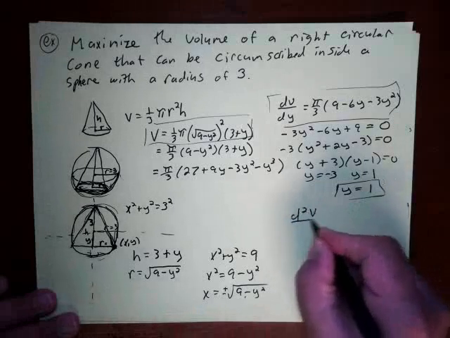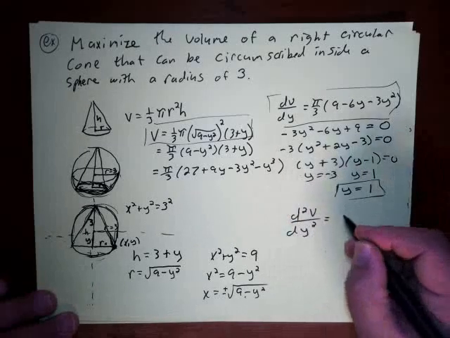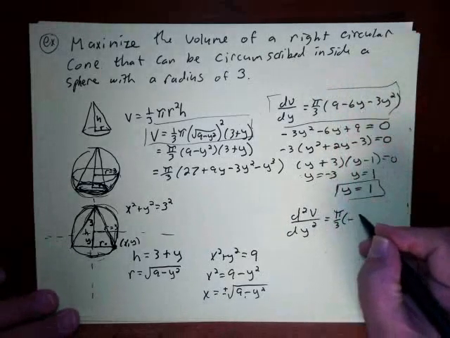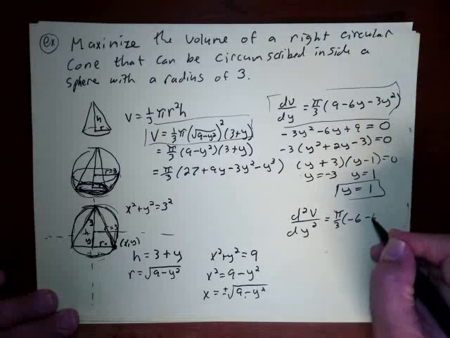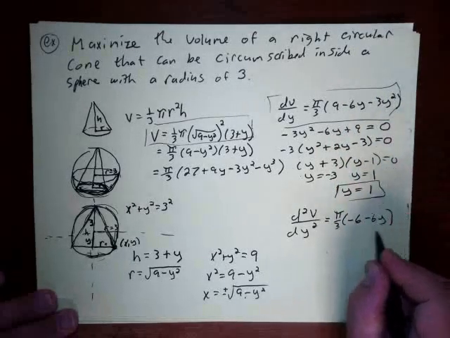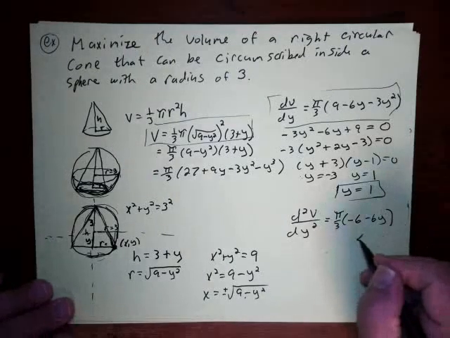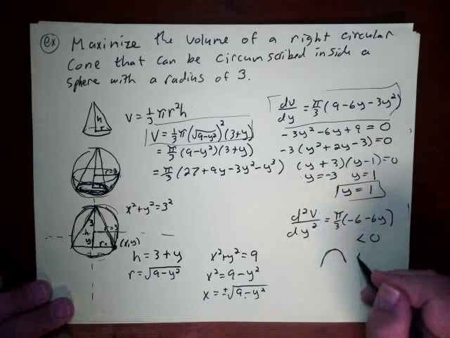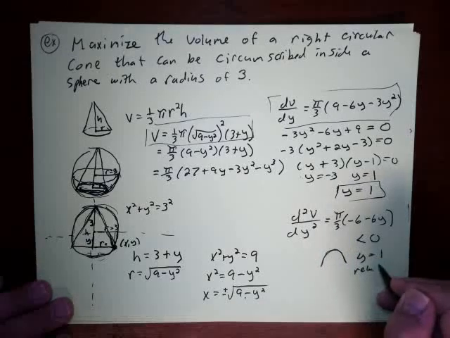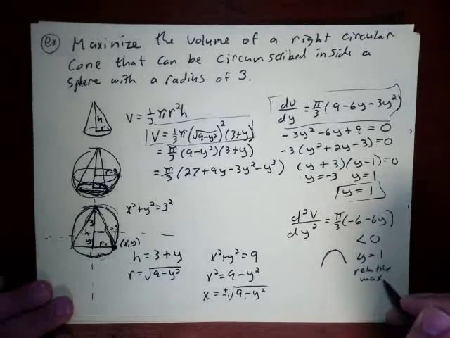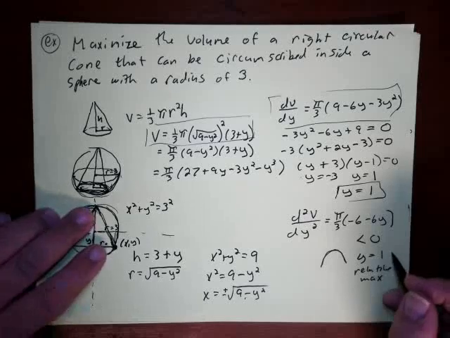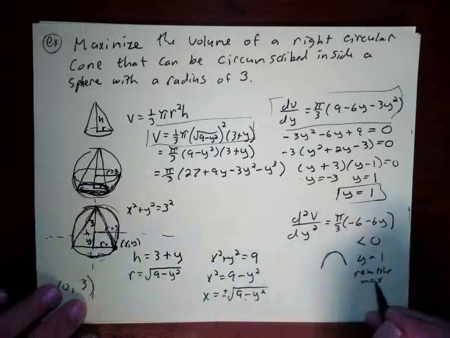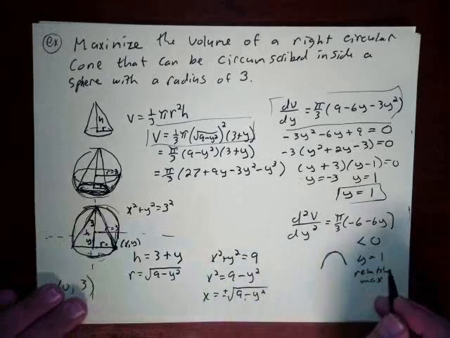So d squared V over dy squared is going to be pi over 3, and then you're left with negative 6 minus 6y, and certainly if you put 1 in there, this is going to be less than 0, making that a max. So y equals 1 is a relative max. Okay, and you can't include 0 or 3. It's going to be between 0 and 3. And so we're going to say that that is the relative max.